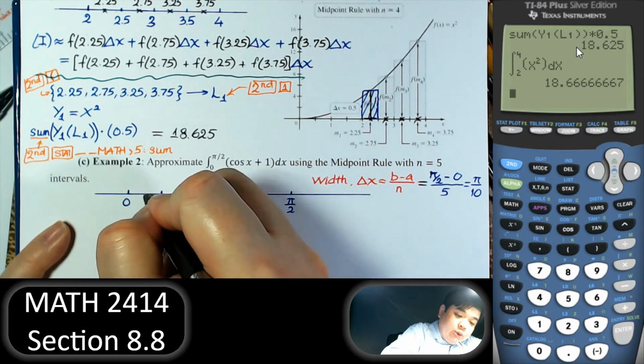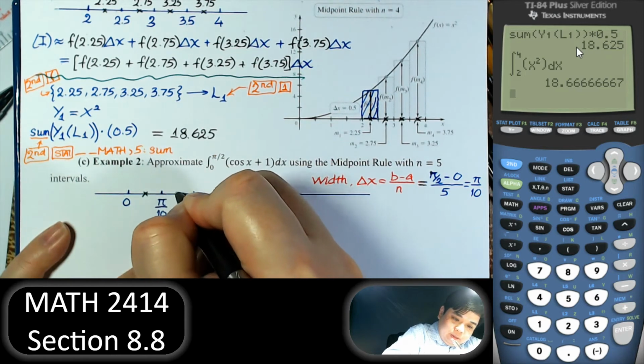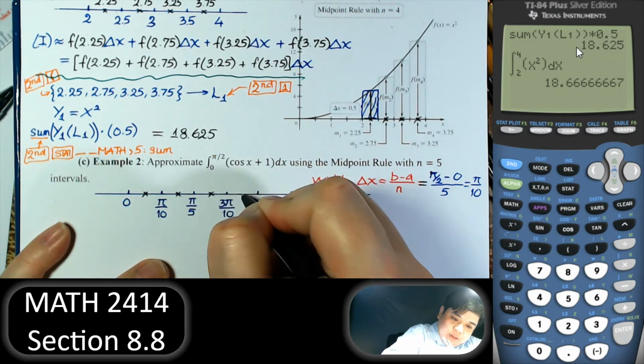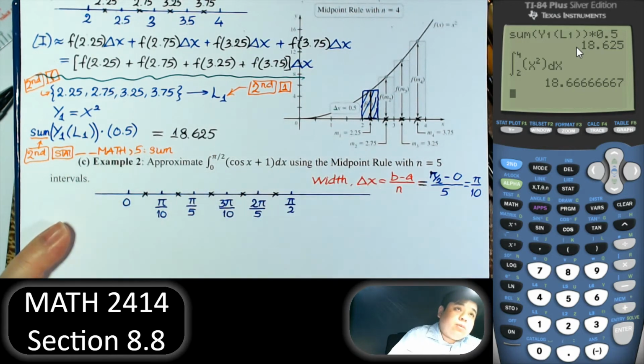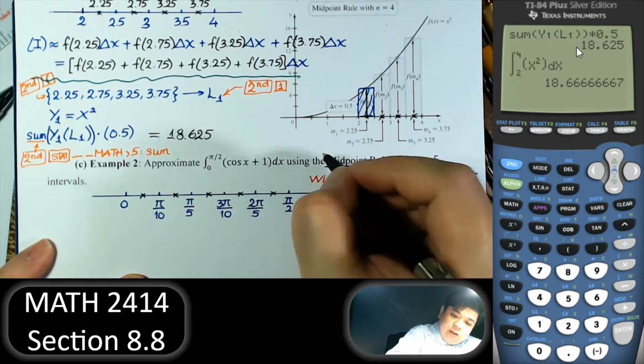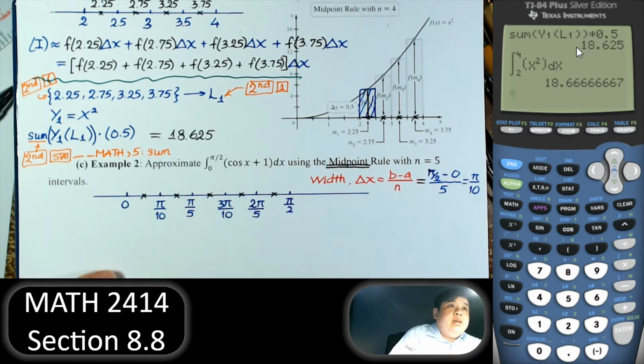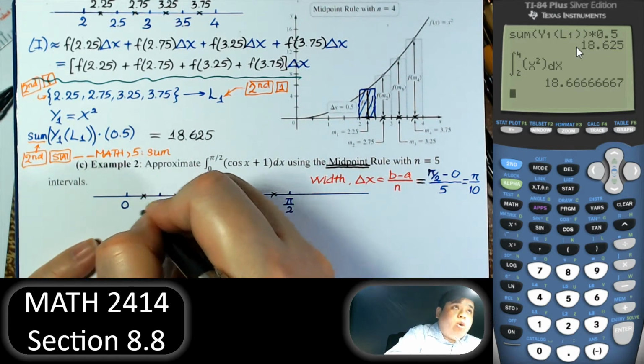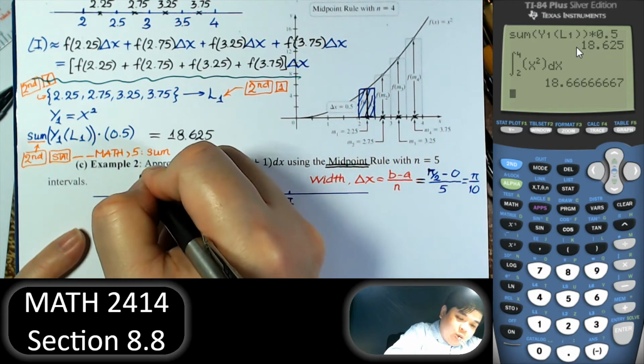What we do is we use the midpoint of the interval. Simple enough, right? Between 0 and pi over 10, that's pi over 20.